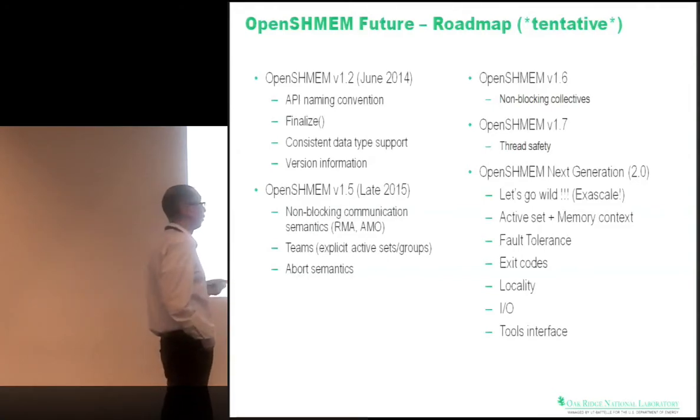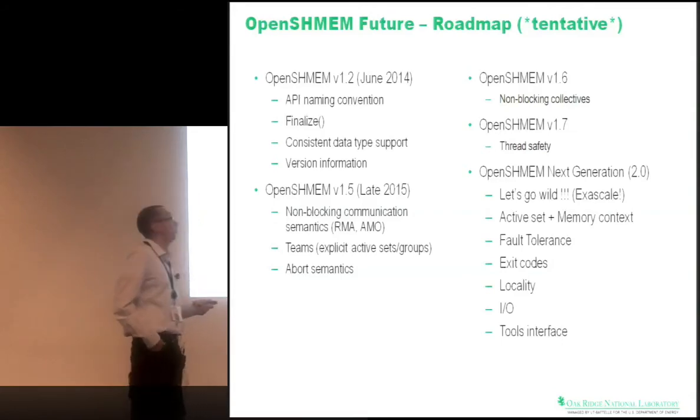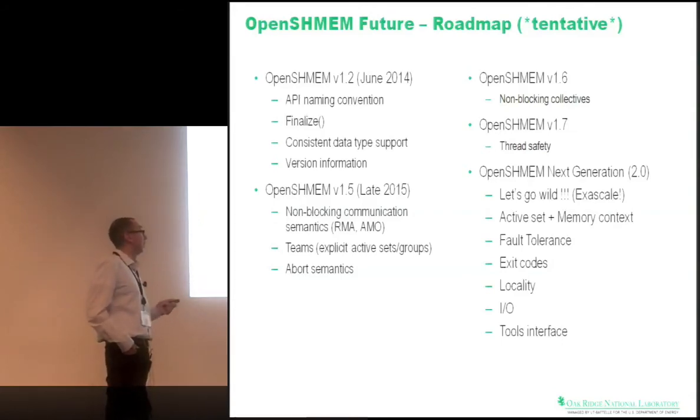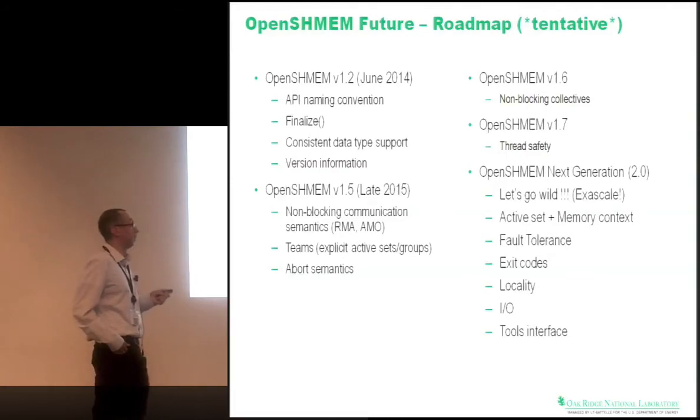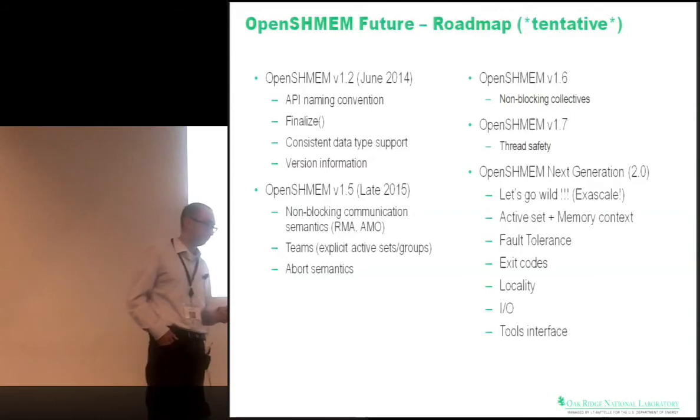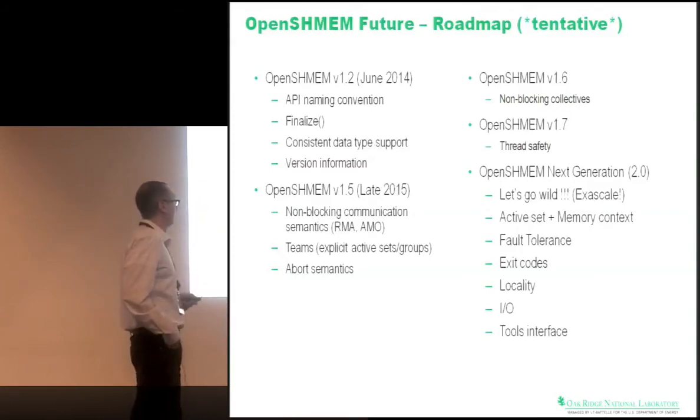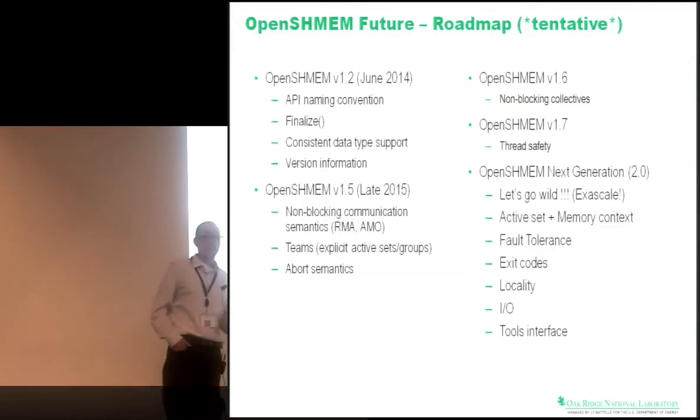And we have what we call OpenSHMEM NG 2.0, and essentially in 2.0, most likely we will break backward compatibility, and we will introduce very, very substantial changes to the specification, like fault tolerance, exit codes, I/O operations, tools interface, and so on.